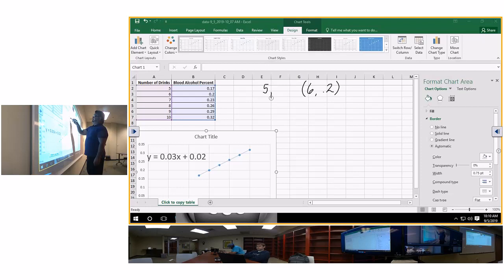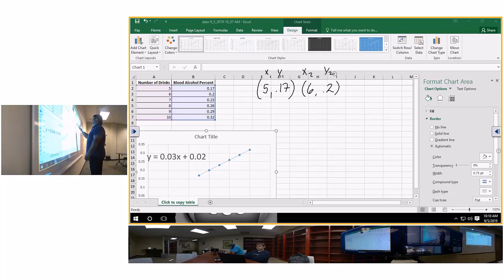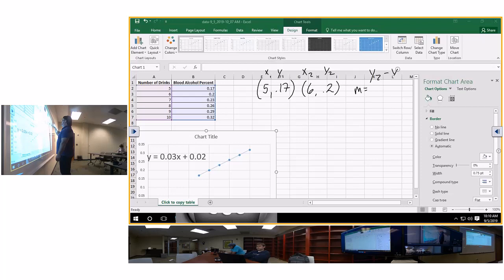So x sub 1, y sub 1, x sub 2, y sub 2. Slope is equal to y sub 2 minus y sub 1 over x sub 2 minus x sub 1. Slope is equal to parentheses minus parentheses over parentheses minus parentheses.